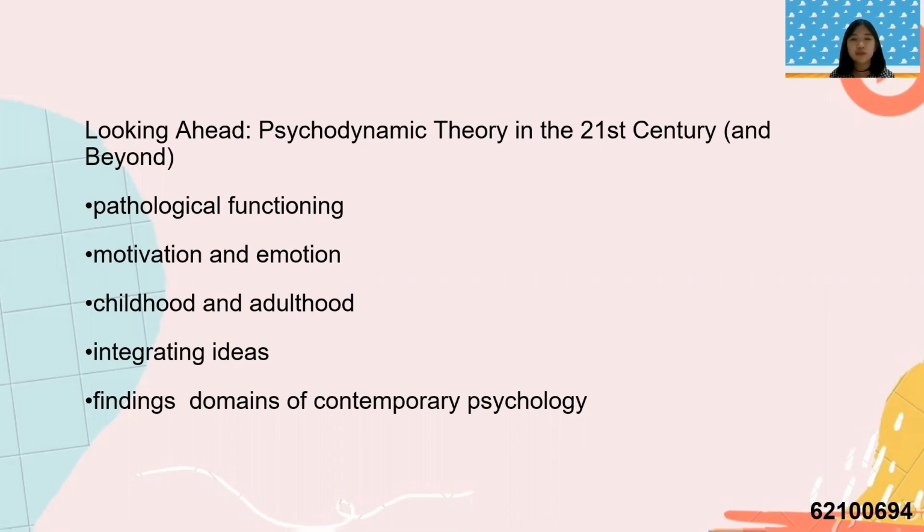It deals with a broad range of issues, normal and pathological functioning, motivation and emotion, childhood and adulthood, individual and culture, and the psychodynamic perspective continues to have tremendous potential for integrating ideas and findings across the many domains of contemporary psychology.